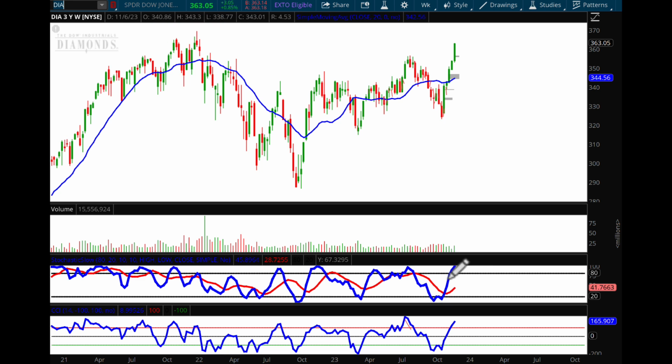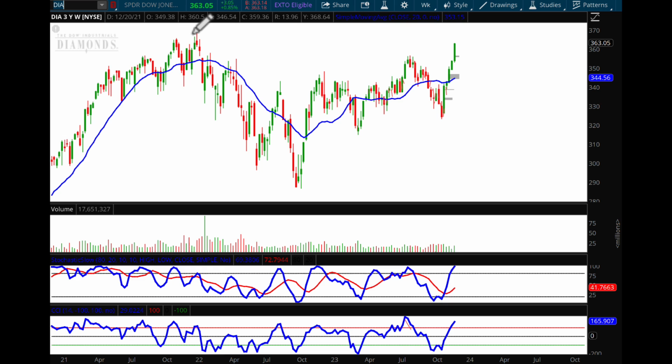The percent K is the actual stochastic calculation, and the red is the percent D, which is the moving average of the K. I don't want to get too technical there, but when you see a wide divergence between those two lines, which, by the way, is the widest we've had in 3 years, that tells us that the market is overbought or overextended.